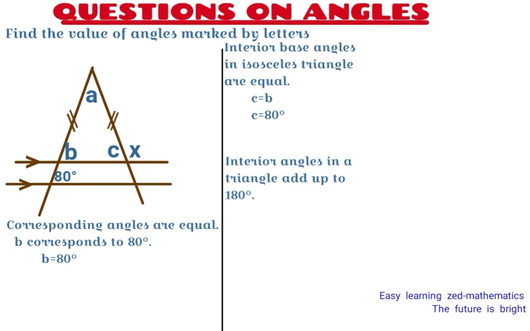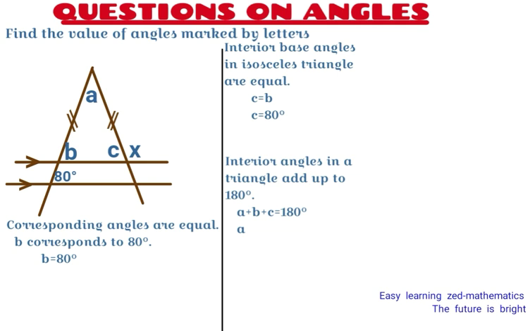So we can come up with an expression: A plus B plus C is equal to 180 degrees. We have not yet known the value of A, and that's what we want to find. We get the value of B from our first working, where B is equal to 80 degrees.